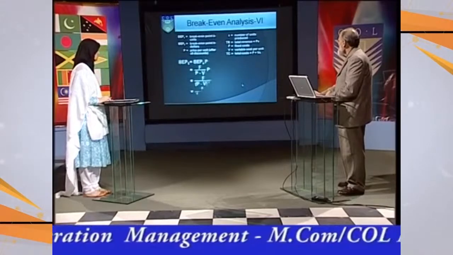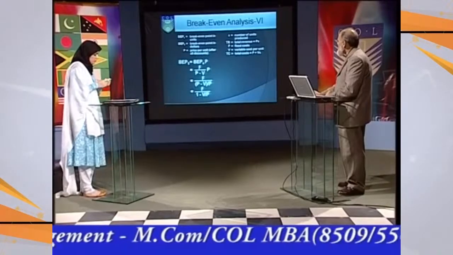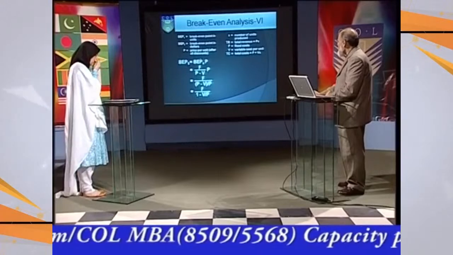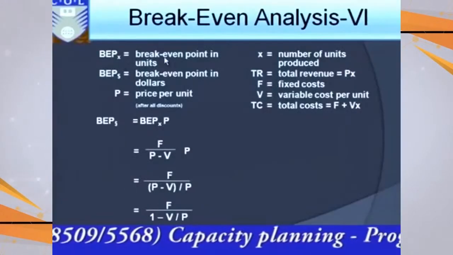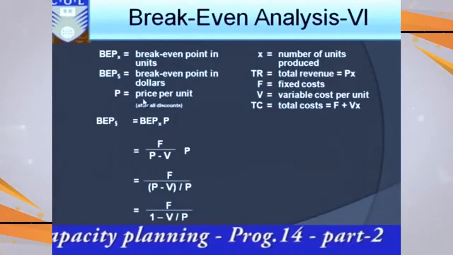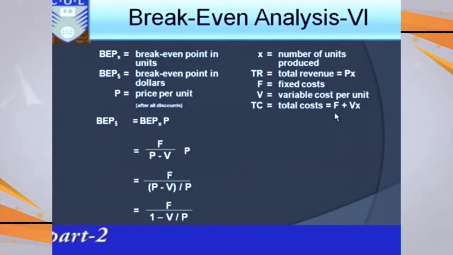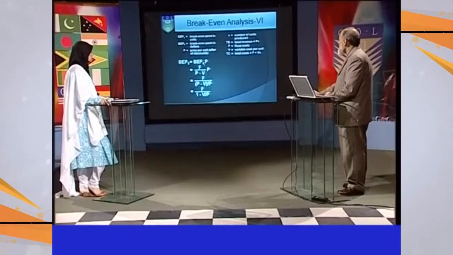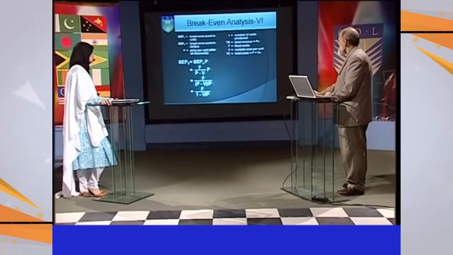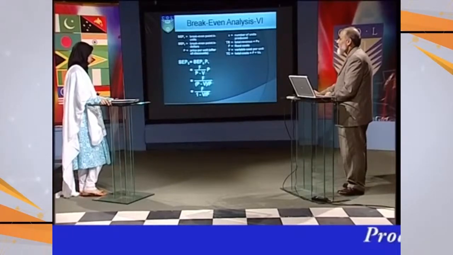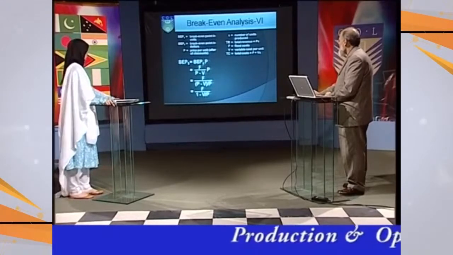Now, in terms of dollars, if we want the same break-even point in dollars, we have price, X, total revenues, fixed costs, variable costs, and total costs. In terms of dollars, the break-even point is P, price per unit, times whatever you have produced, your production times your price. Okay.